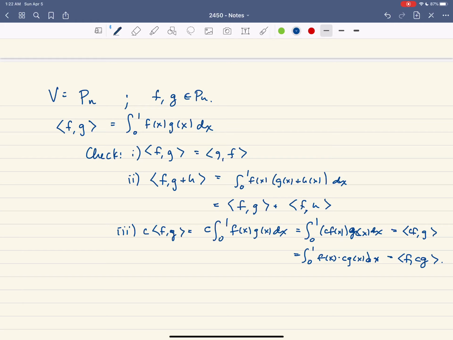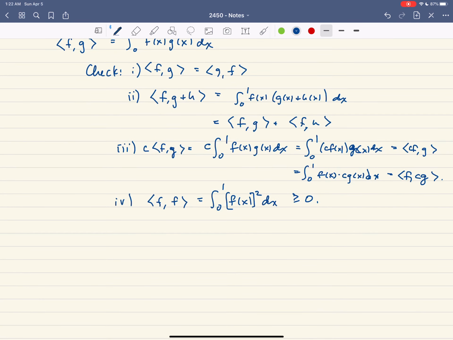And then our final property is that the inner product of any function with itself, if I were to integrate f squared, this would be f of x squared. That's certainly greater than or equal to 0, because we're integrating over this interval from 0 to 1. We're integrating a non-negative function, and moreover, this integral is going to be equal to 0 if and only if f is the 0 vector, right?